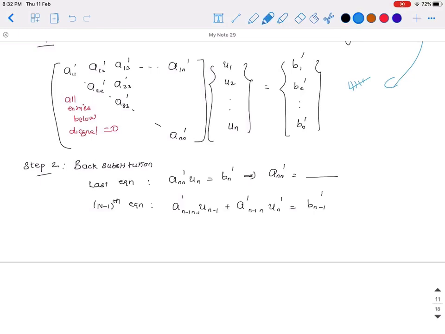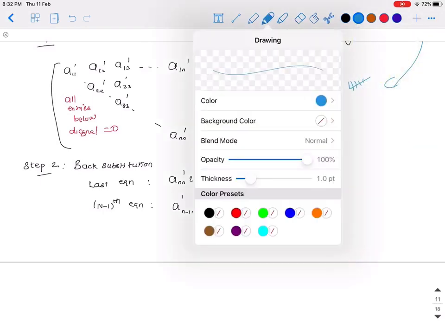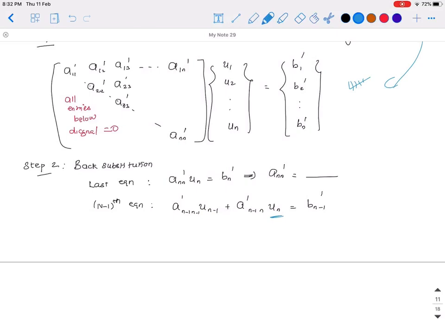Here in the first step we have computed u_n. Sorry, u_n doesn't have a dash. In the previous step we have computed this one, we know these coefficients, and the only unknown here is u_(n-1). Okay, this is wrong. We compute u_n, not a_n dash.